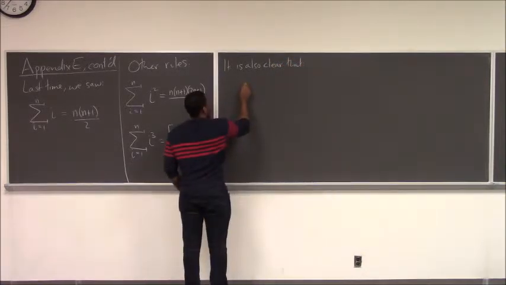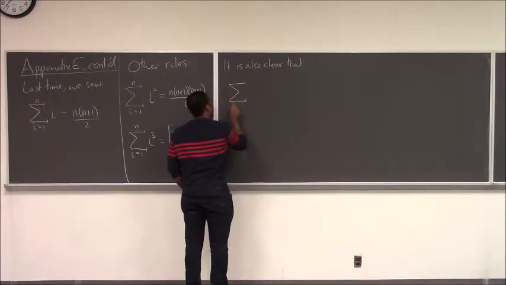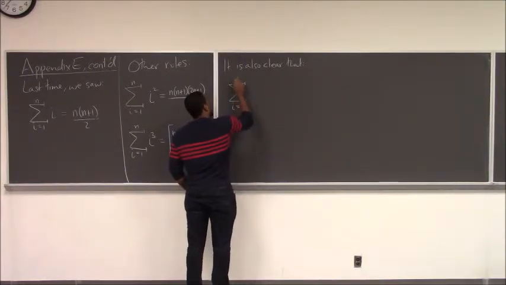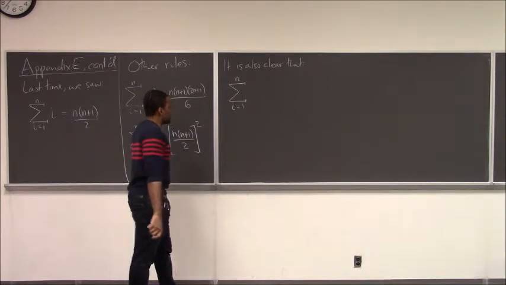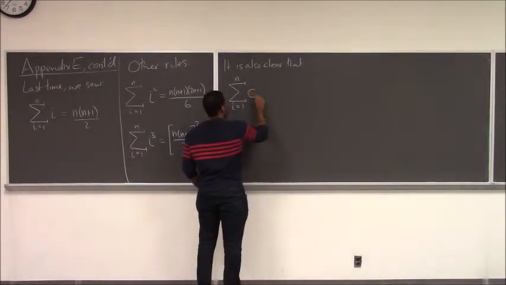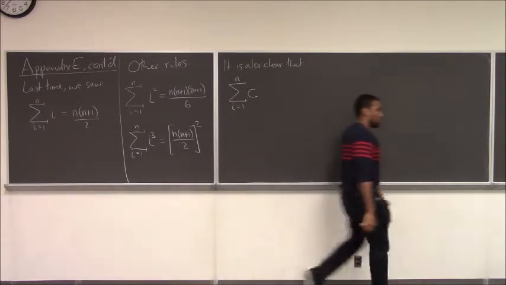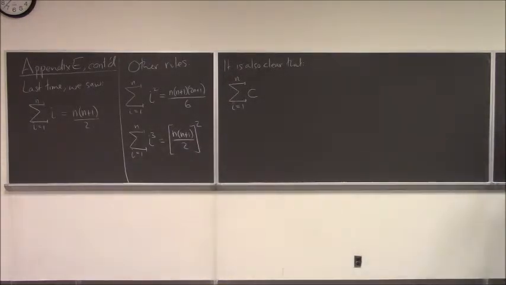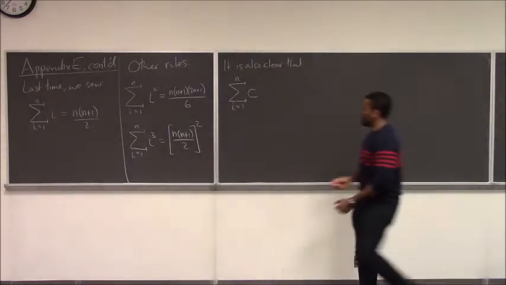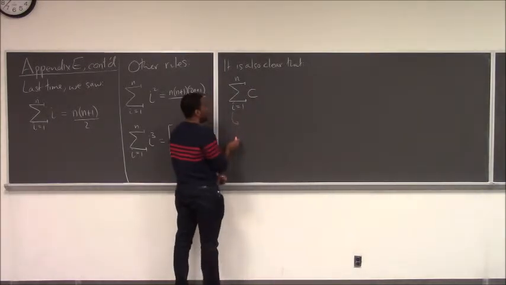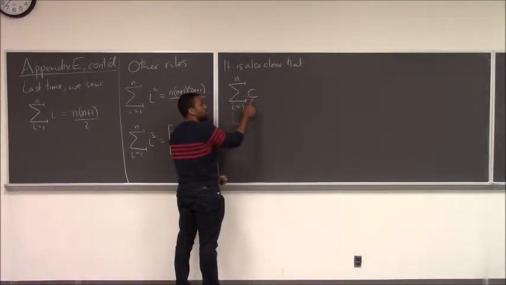Let's say I wanted to add n terms of a constant. Okay, so that one you should be able to see pretty easily. This is just like me taking each output of our function, the a sub i, is just going to be a constant c.